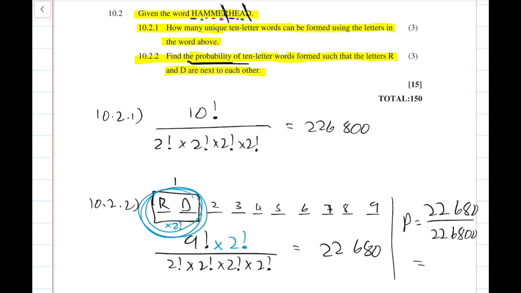So whatever this answer is going to be is doubled. So 22680 times 2 is 45360. So this is actually going to be 0.2 as a probability.